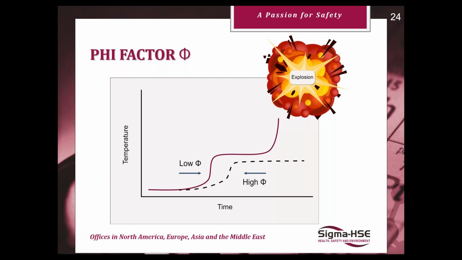The heat hasn't been retained wholly within the system. That is most likely to be captured in a low phi system. As you can see, with the burgundy line, we have an exotherm, it plateaus, but then we hit a secondary decomposition exotherm. That relates the importance of low phi systems and adiabatic systems.